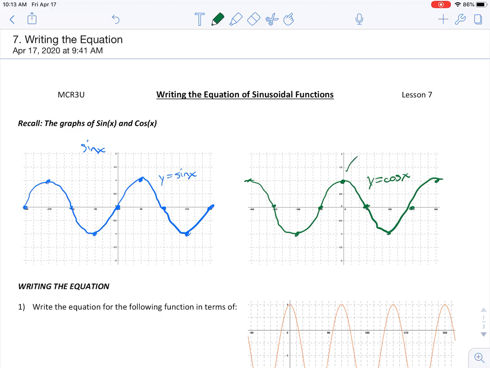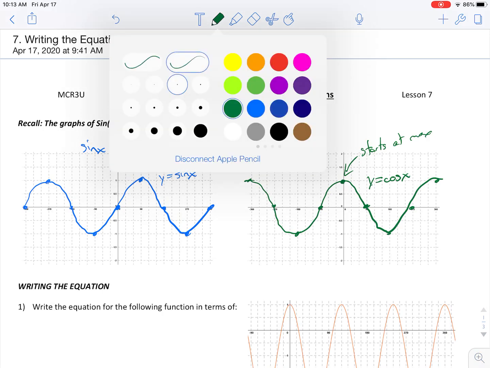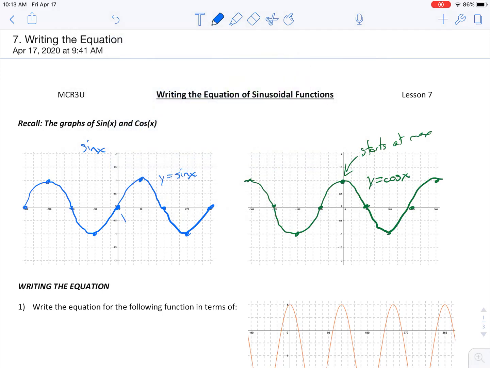So a couple distinctions between the two. Obviously cosine, we can consider it starts at its max, whereas sine starts at 0. And more specifically, it starts at the midline of this function.